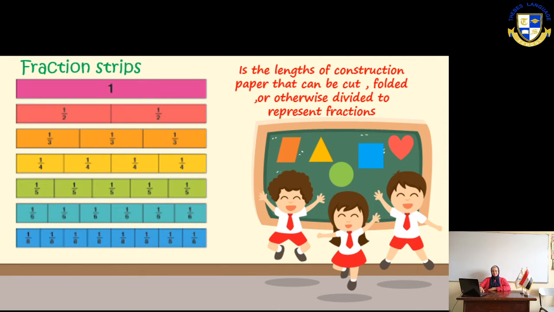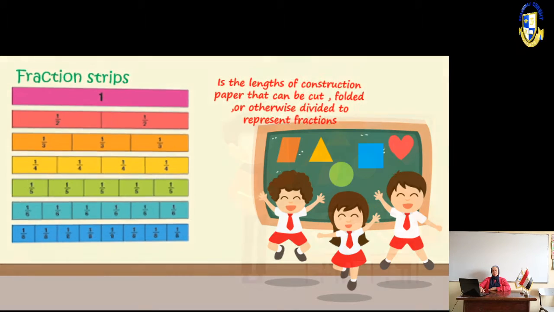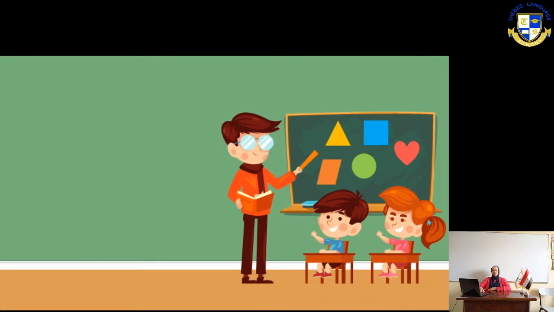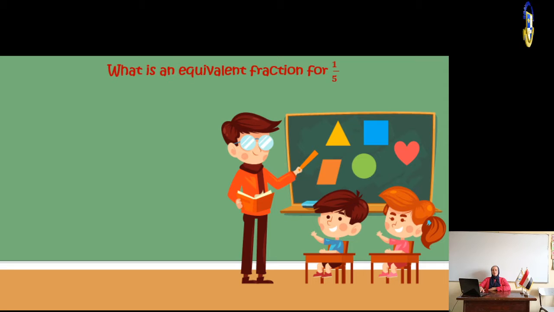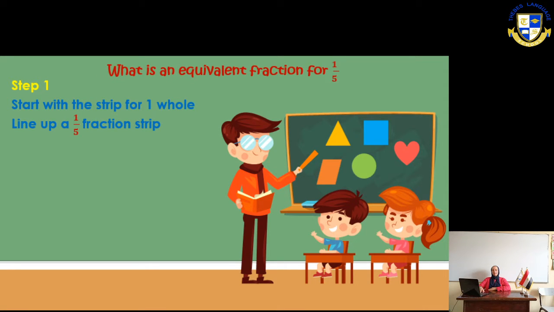Okay, on the next page, what is an equivalent fraction for fifths? Step 1, start with the strip for one whole, line up a fifth fraction strip. So here is the one whole, then we are going to cut it into 5 equal parts. Fifths means 5 equal parts. This is one part from the 5, okay?